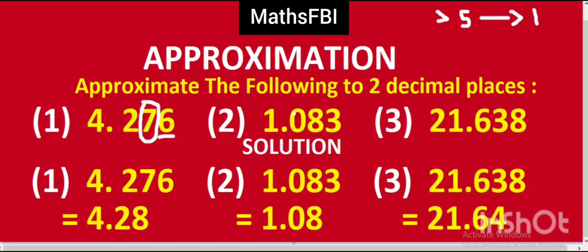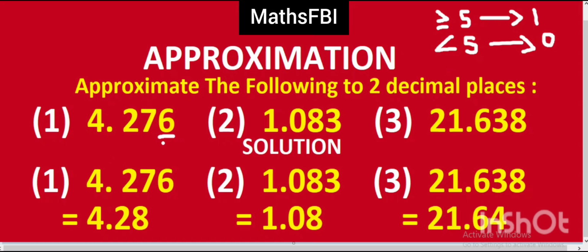But if it is less than 5, we round it down to 0 and add to the immediate number to the left.